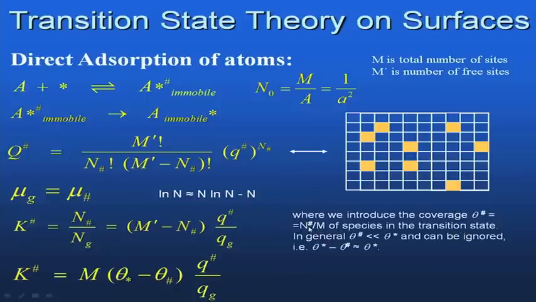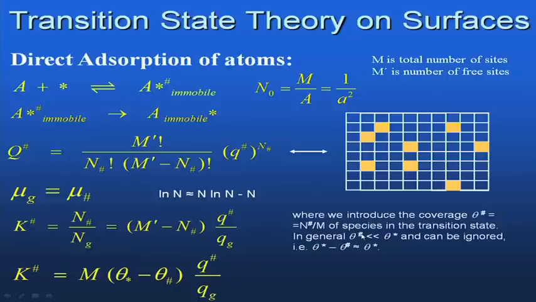In general this is much less than theta star and can be ignored, as a result of which theta star minus theta double dagger may be approximated to theta star. Later on we will approximate this to simple theta star, because this is very small in comparison to this state. This is your activated state and this is your adsorbed state.